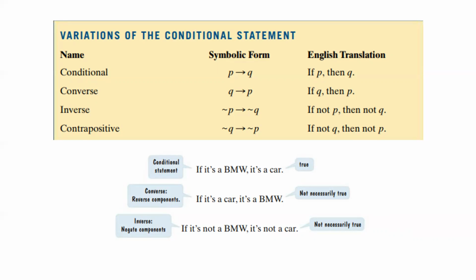If you don't see where or how I'm translating these so quickly, write them as symbolic notation. Write your "it's a BMW" as your P, "it's a car" as your Q, and then look at your table and do the translations that way. Okay, I have my symbolic notation, I know what my P is, I know what my Q is, so if I take the tilde P or the tilde Q of that, it's very easy for me to take those symbolic statements and flip them, negate them.